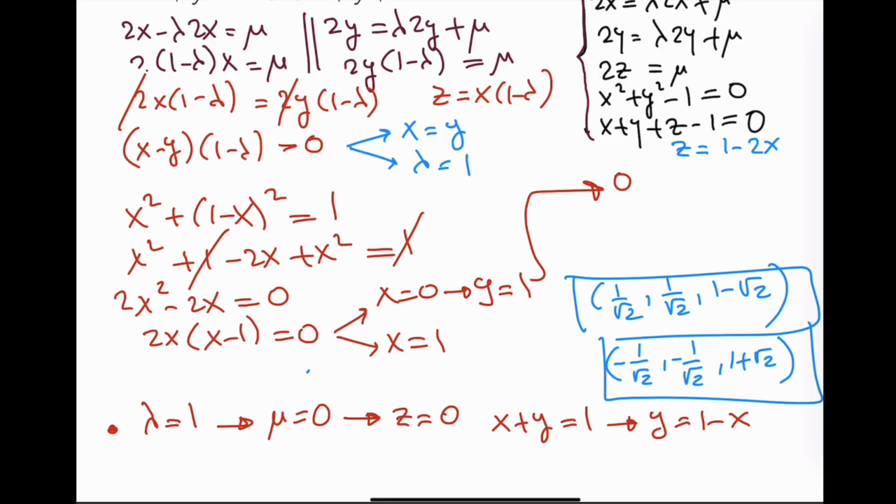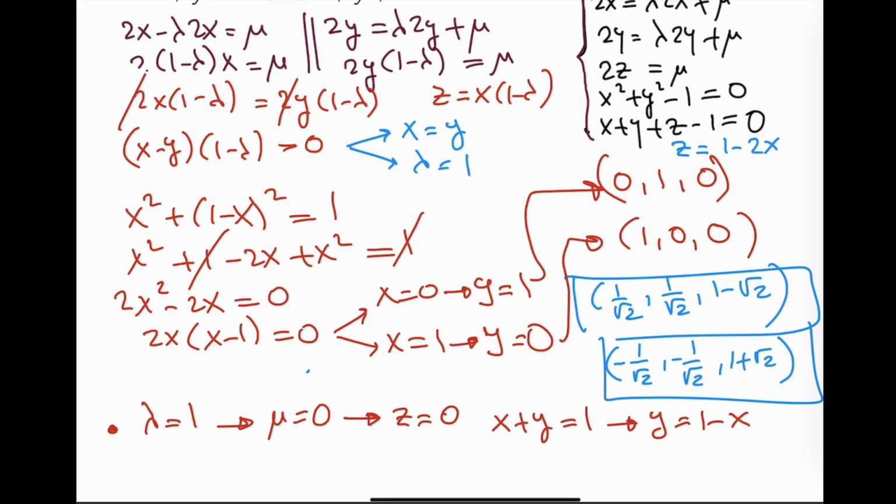The point will be 0, 1, 0, where 0 was the value of z that we're investigating. So this is our next candidate. And from here, if x is equal to 1, we substitute here, and we get that y is equal to 0. And then still z is equal to 0, so we get the next point that is going to be 1, 0, 0.